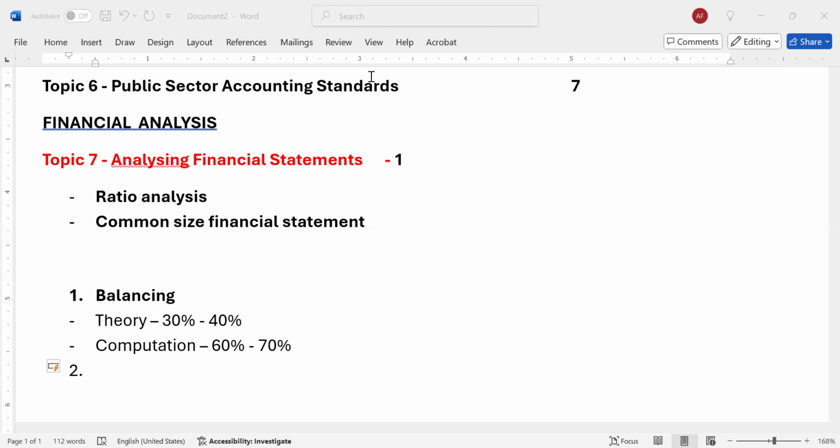So I'll always advise you guys, anytime you are handling your revision and you find a challenge in working out goodwill computation, what is the best way to go about it? The best way is to go to your notes.